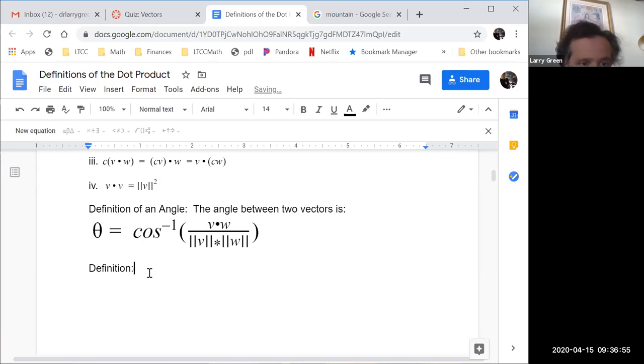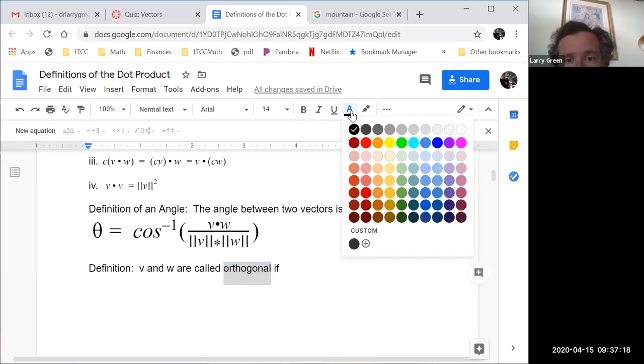And that is definition is that V and W are called orthogonal. If, okay, well, let's think about this. Let me make this all a little prettier.